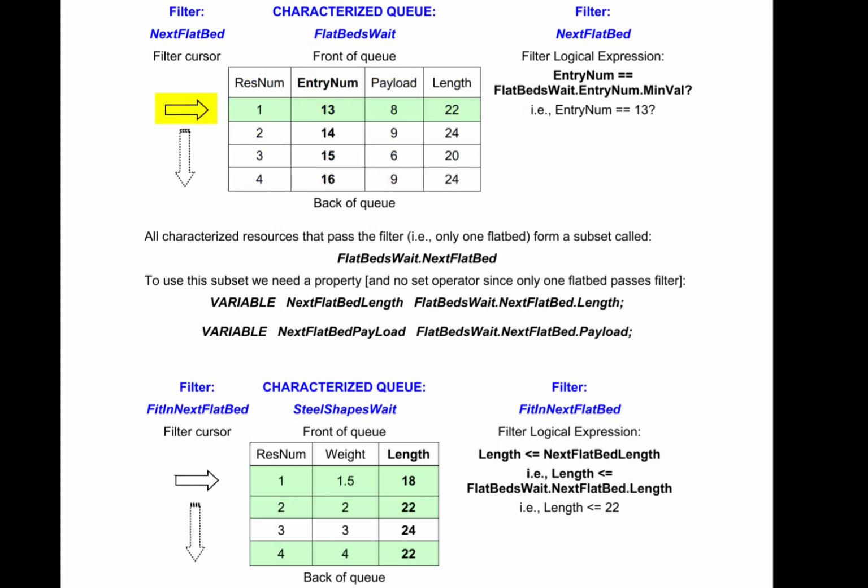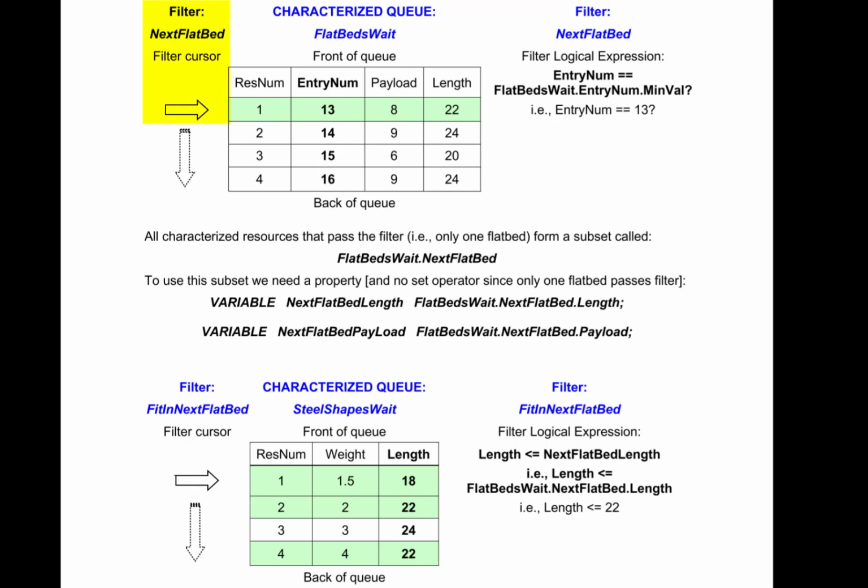On the left-hand side, we have an arrow that represents the cursor of the filter next flatbed. On the right-hand side, we have the logical expression for the filter next flatbed. The logical expression is entry-num equal flatbed's weight dot entry-num dot min-val.